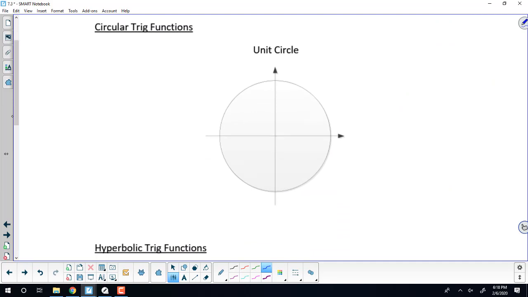There are some parallels we can make, although we don't really work with them. It might be a little bit more descriptive as to where these things come from. So when you take a point on the unit circle and you describe it by x and y, we also could describe that by, well, let's do this. We also described each point on the unit circle, x and y, in terms of sine and cosine, right?